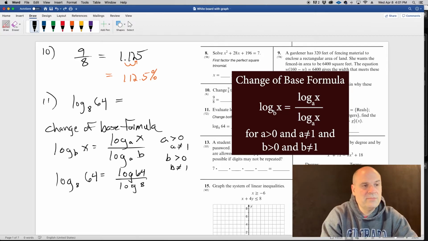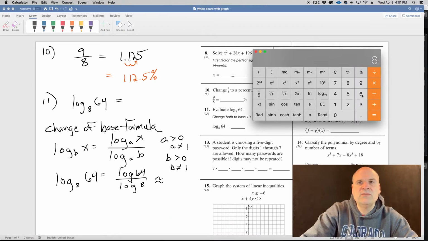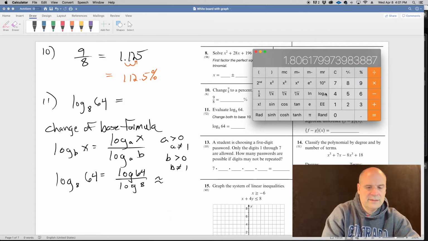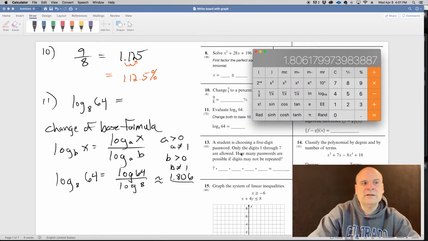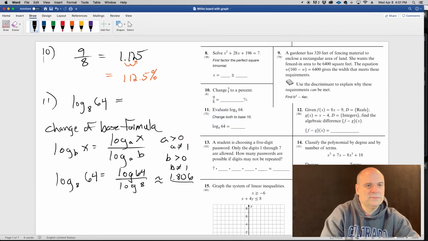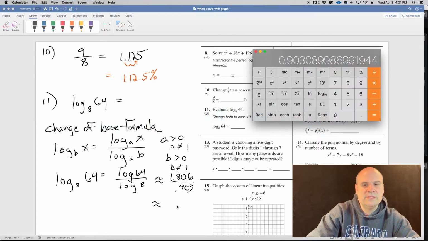So we're going to plug this in on a calculator. Log of 64 equals 1.806, divided by log of 8, which is 0.903. We're going to do that math. 1.806 divided by 0.903.